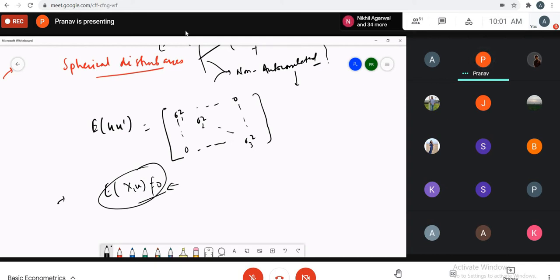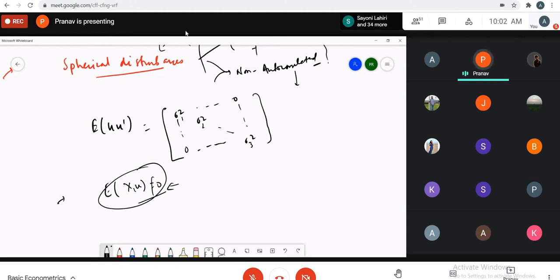So as long as the current period error observations are not correlated with the current regressors that have been used in the model, your OLS estimator definitely has a small sample bias, also called finite sample bias.